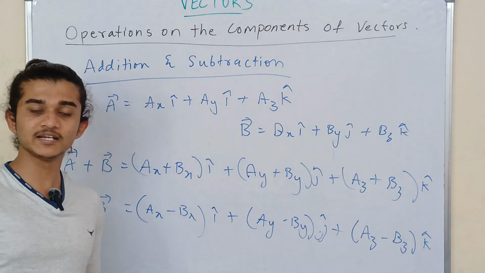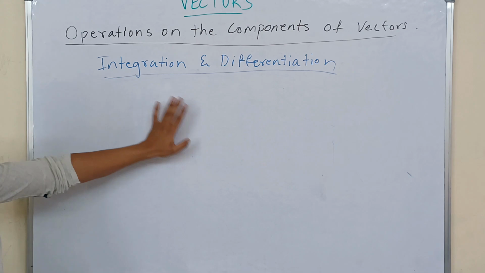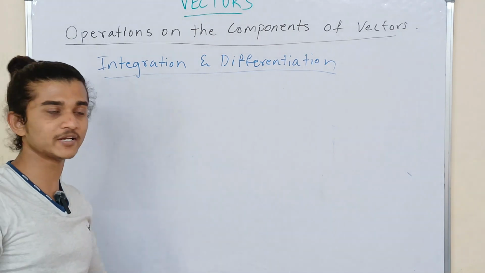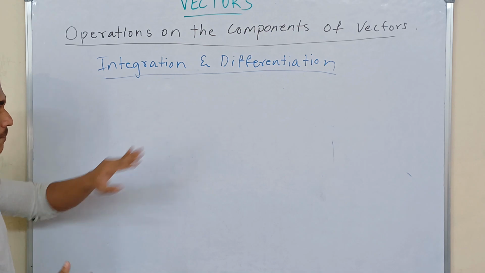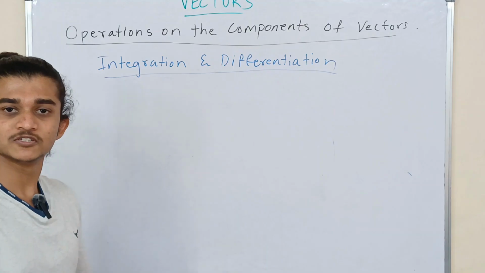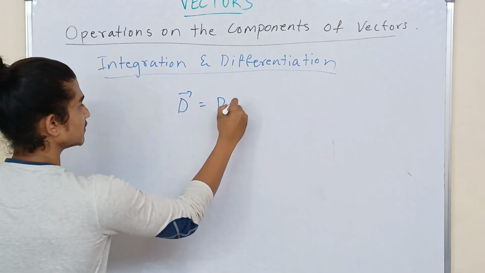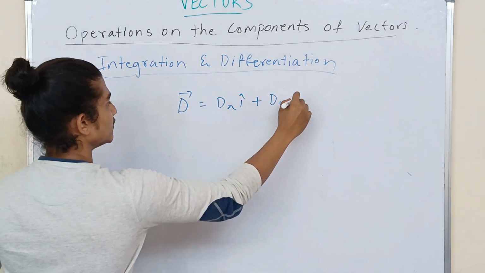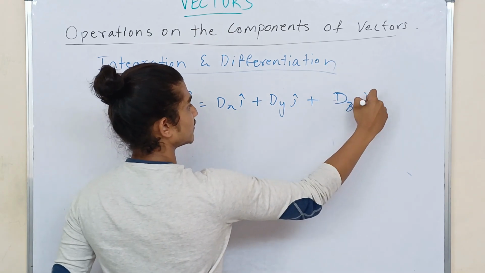Now let us see integration and differentiation. The concept of integration and differentiation will be discussed in a separate video. For now, just remember that these are two operations which you can do on equations, just like addition and subtraction. Suppose I have a displacement vector d, equal to dx i cap plus dy j cap plus dz k cap.